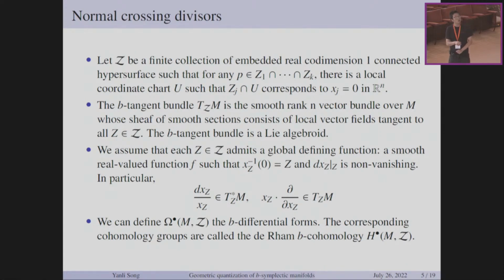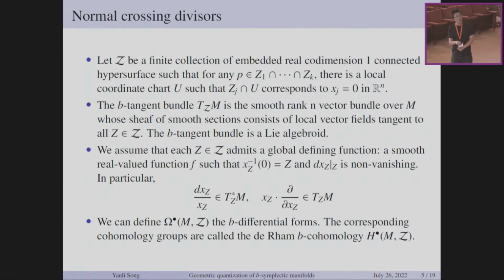Suppose each hypersurface Z has a global defining function, which means that you can choose a function x_Z such that the hypersurface is the zero set of the function, and that the derivative dx_Z is not equal to 0 when restricted to Z. We assume that every hypersurface in this collection has a global defining function.